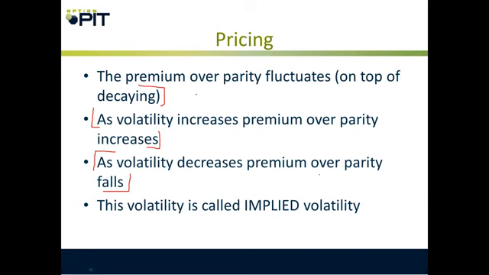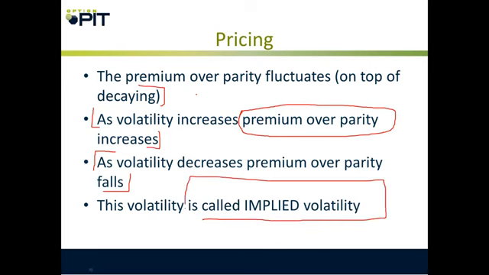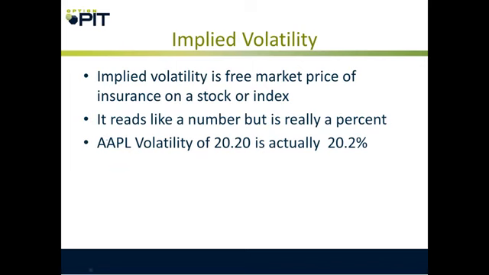This volatility that affects the premium over parity is called implied volatility. That's what the market thinks the insurance value should be. Implied volatility is a free market price of insurance on a stock or index. It reads like a number, but is really a percent. Apple volatility of 20.20 is actually 20.2%.